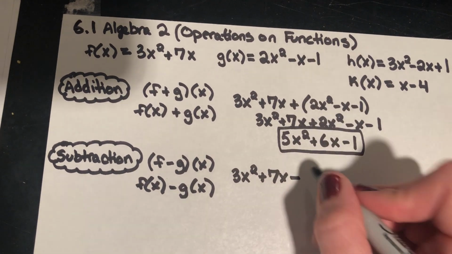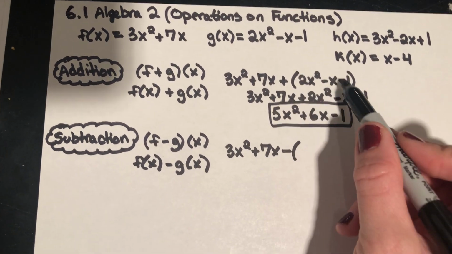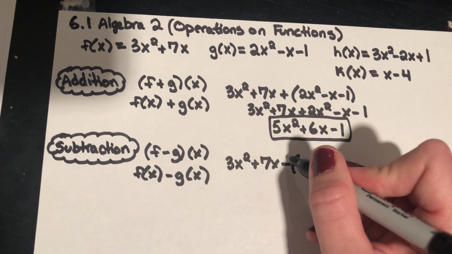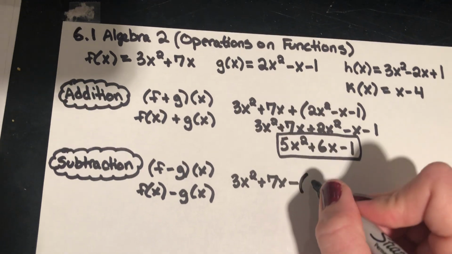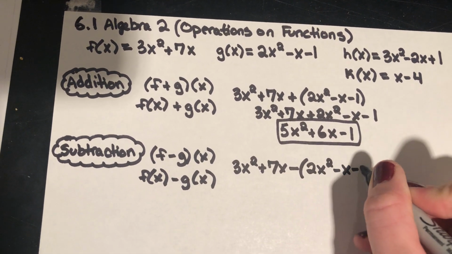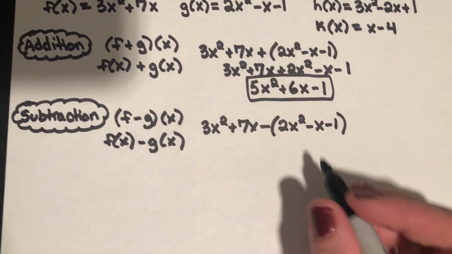Now, most importantly here, I have to put g of x into parentheses. I actually did that in my addition just to get into the habit of it. But because subtraction means you have to distribute the negative, you have to make sure that it is in parentheses. Otherwise, you're going to get something wrong, and we don't want that.